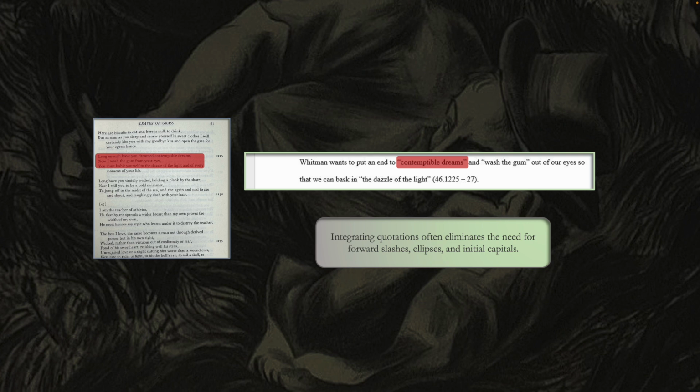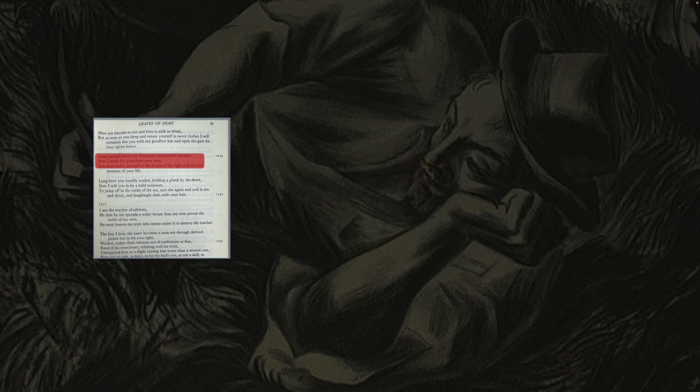So I took contemptible dreams, wash the gum, and the dazzle of the light. I took those deliberately from all three lines, so my parenthetical citation remains the same, but I just took keywords or phrases that I liked, that I thought were important, and I integrated them into my own sentence. And again, this is a good way to economize your writing and avoid long, complicated citations.